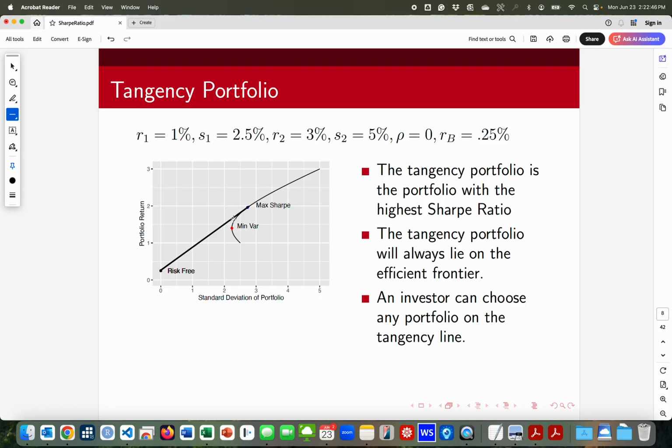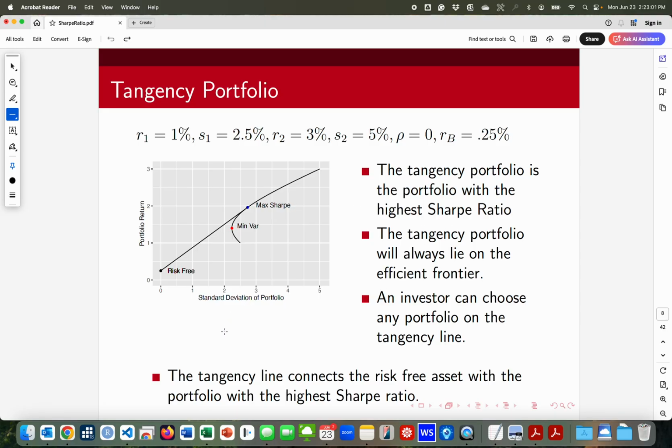So this is why I said in the previous section, the minimum variance portfolio is very, very rarely, it maybe never, the optimal portfolio if you can combine the risky stuff with the bond. So all we're doing with the tangency line is connecting the risk-free asset with the portfolio with the high Sharpe ratio.